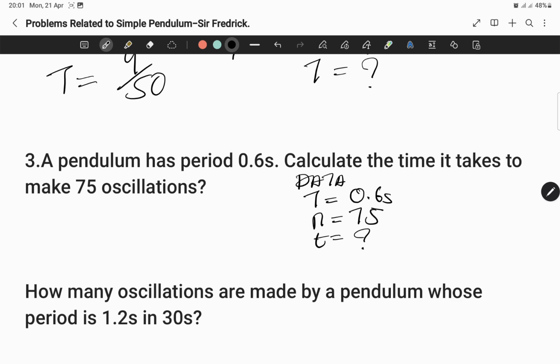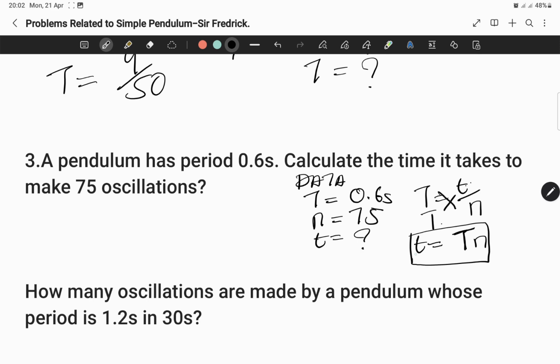Time taken, the interval. So if you want, you can play with mathematical gymnastics. For example, period is equal to that over that. So you are looking for t, so you do cross multiplication. So T times 1 is going to give us T, then that times that is going to give us Tn. So this is a formula to use.